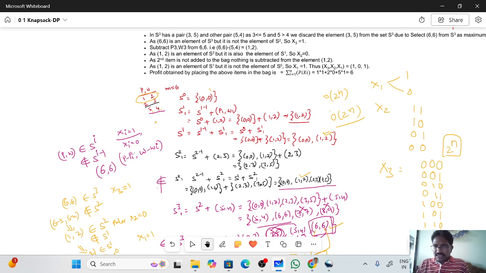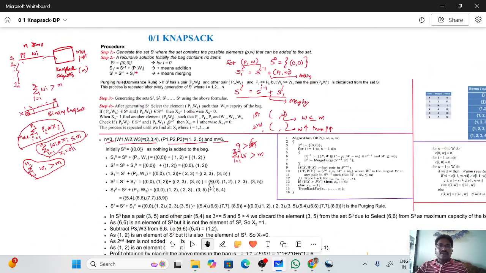I hope you understand method 1. Method 1 is nothing but the set theory. So once again I am recalling the set theory. Initially we form one set, that is the S power 0 set. There is no weight, no profit. Each pair we maintain in the form of 2 values: the first value gives us the profit, and the second value gives us the weight. So that is the initial case.